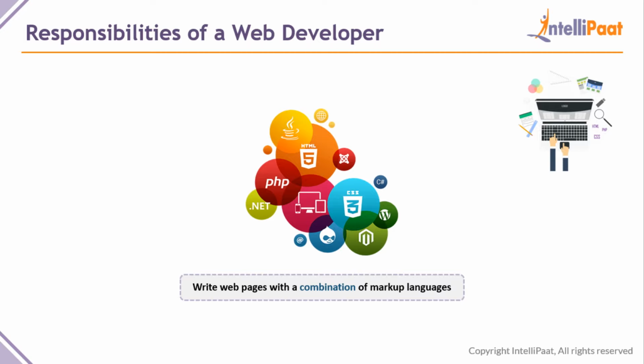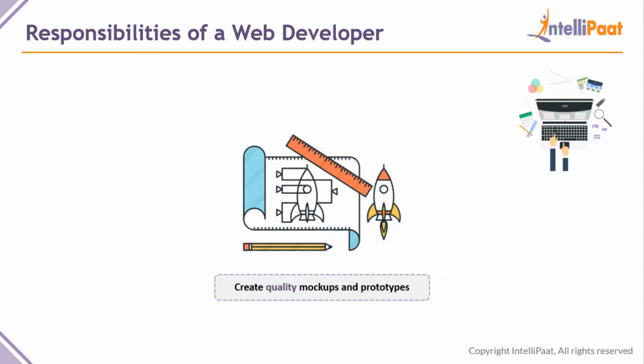Well, that is pretty vague if you're talking about it in technical terms. So to delve deeper into the IT world, a web developer will actually begin writing websites with a combination of markup languages. Markup languages, basically HTML, CSS. There are so many languages which you can learn and use to basically write websites. So this is one of the responsibilities.